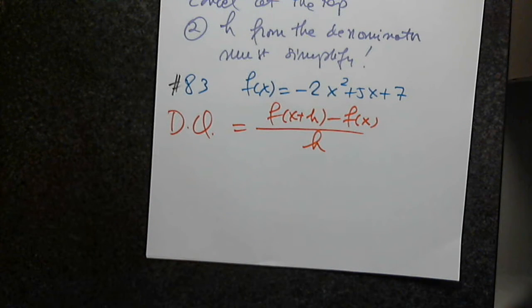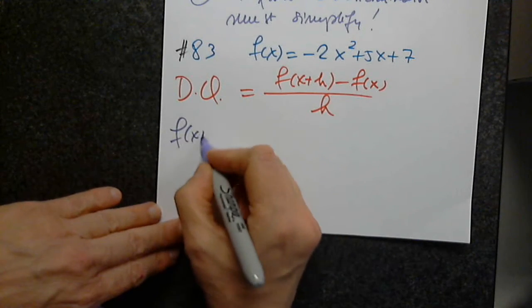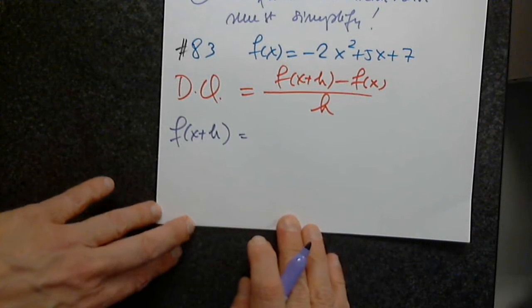Which of these three pieces do we not have and need to calculate? Yes, we don't have it. And it's not easy to determine because it's a quadratic function. I have to plug in. I have to do the calculations on the side. So can anyone give us f of x plus h as the first step?